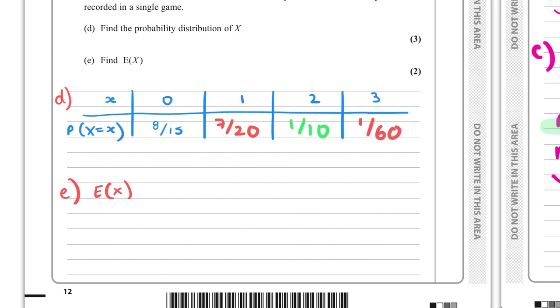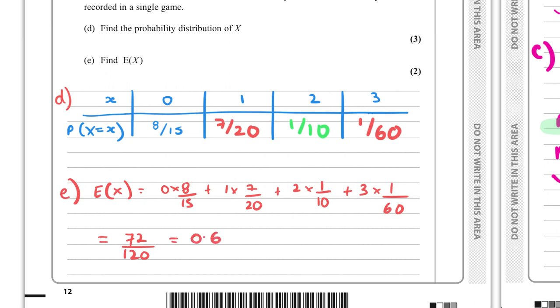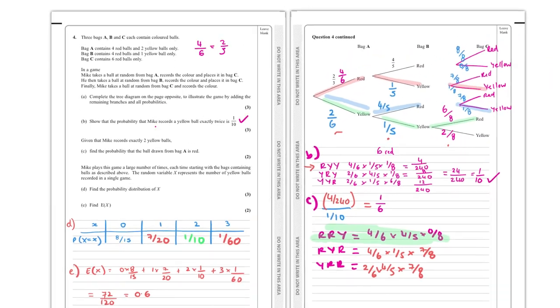So we know we are going to do 0 times 8 over 15 plus 1 times 7 over 20, plus 2 times 1 over 10, plus 3 times 1 over 60, which is going to give me 72 over 120, which is also 0.6, so either or. So there we have it. This question is complete.